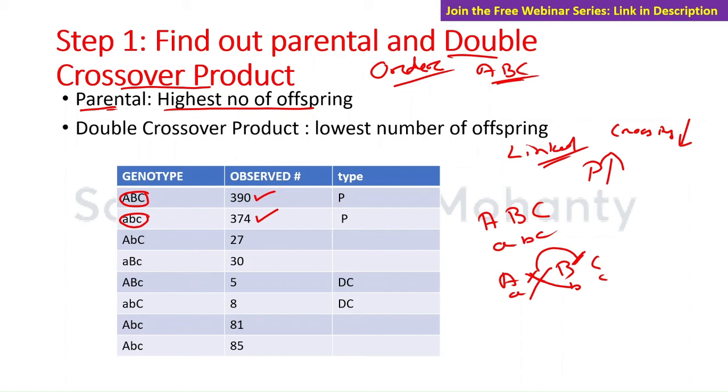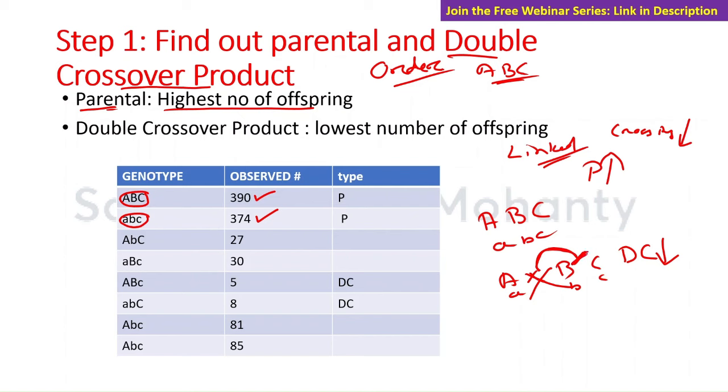If there is a crossover between one pair of genes, that crossover will limit or inhibit the crossover between the nearby genes. That's why the chance of a double crossover product is very low. This inhibition is called interference.